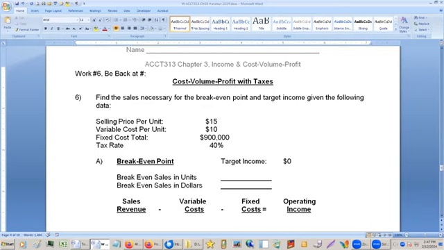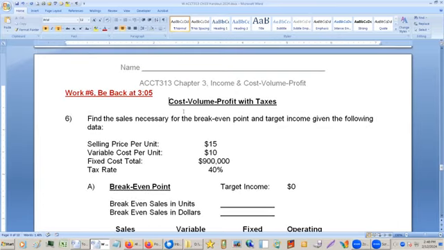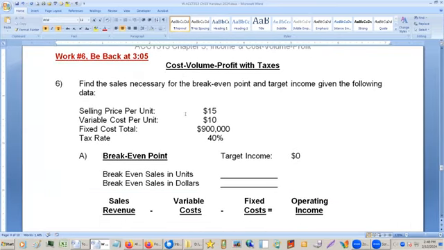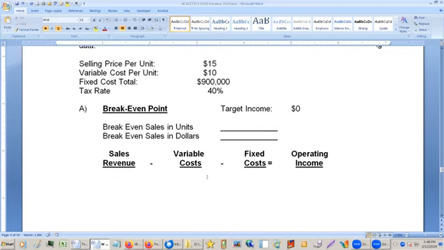So see if you can work this one on your own. Here we go. Be back at 3:05 and I'll put the solution up. Take a chance on your own. See if you can figure this one out.